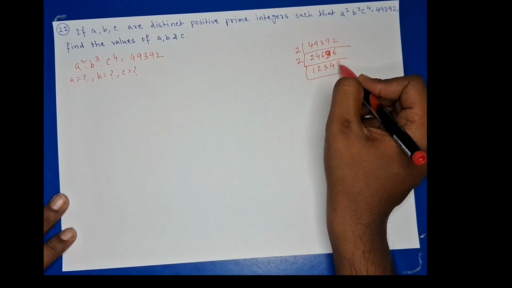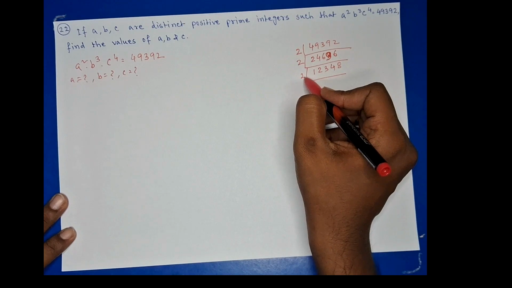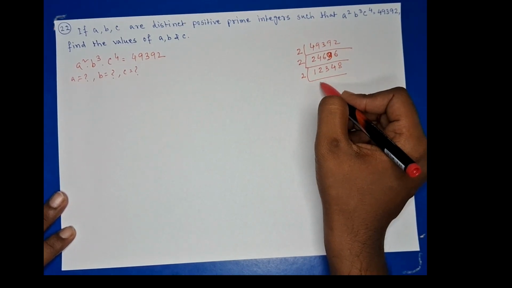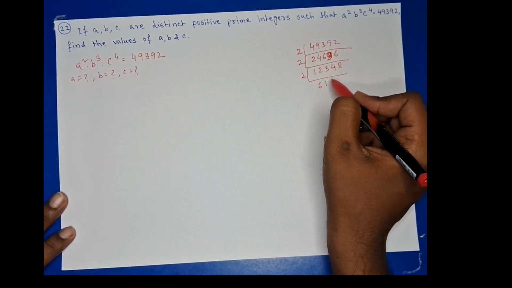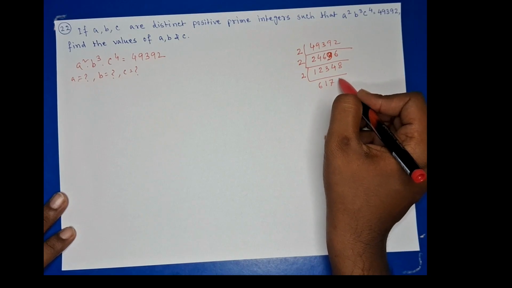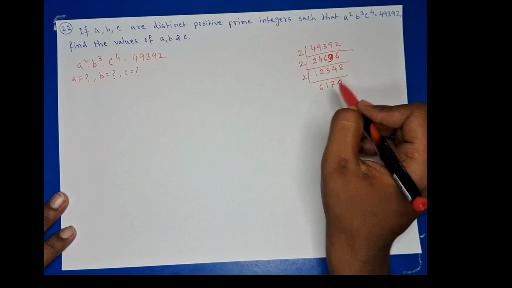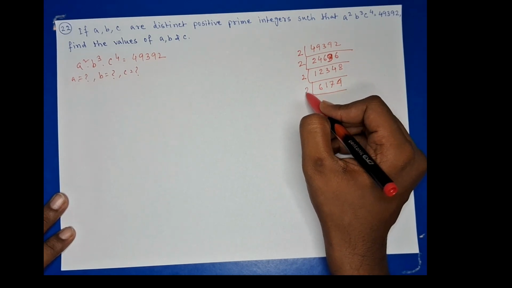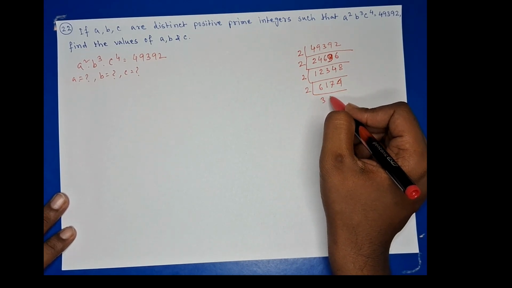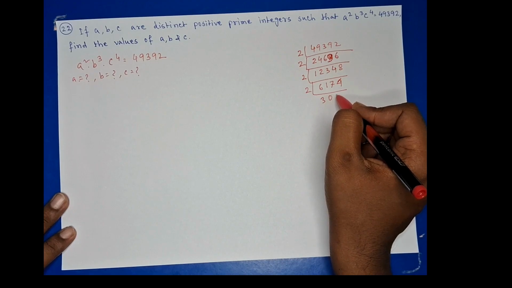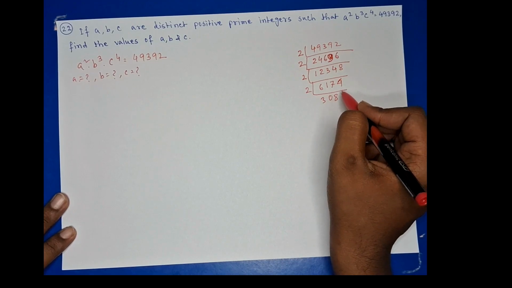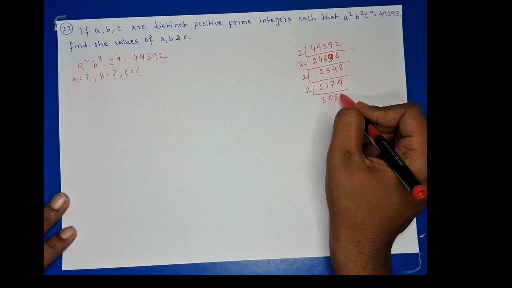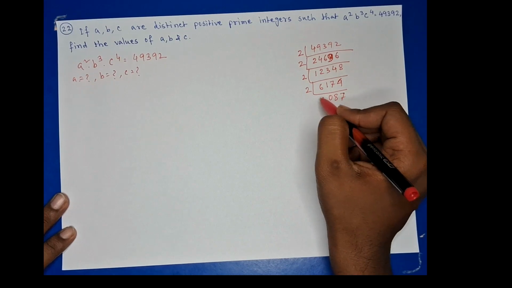Okay. 8 is there, so it will be divided by 2. 6, 7, 4, 2, 7, 4, 6, 1, 7, 4. Again 4 is there, so it will be divided by 2. 2, 3, 0. 7.